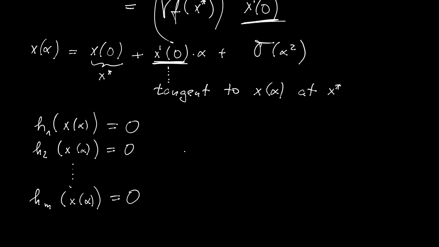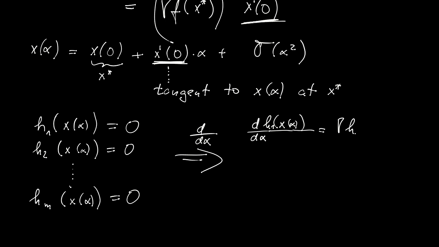And now if I differentiate them with respect to alpha, what I obtain, again using the chain rule, is the derivative with respect to alpha of h of x of alpha. So again, the gradient of h1 of x of alpha times x prime of alpha.